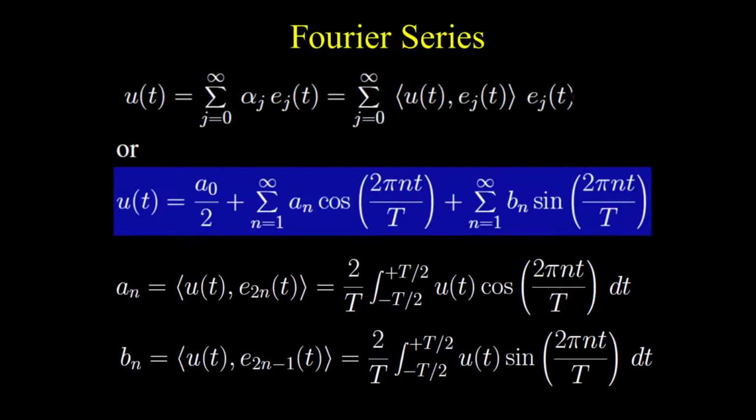Notice that the evaluations of the coefficients a0, an, and bn require the evaluation of definite integrals in which the limits are plus and minus T over 2. But any other interval of length T may be chosen as the interval of integration.